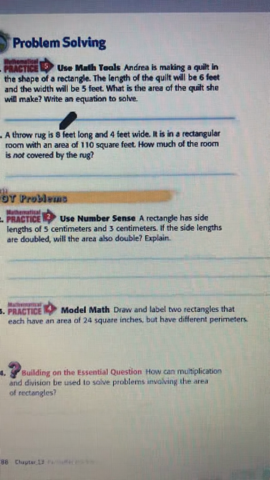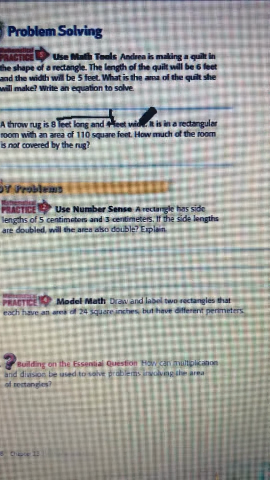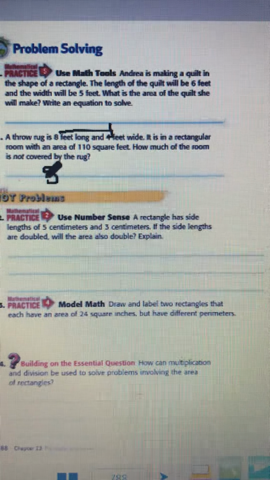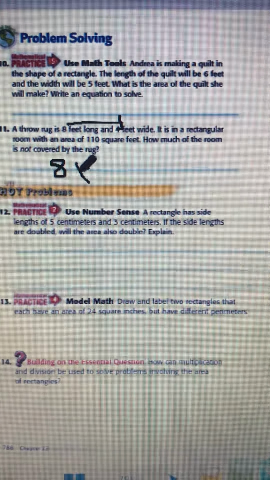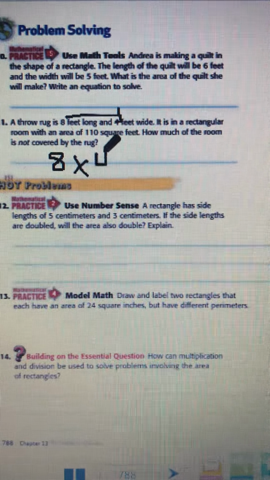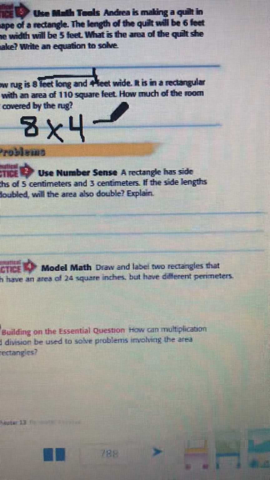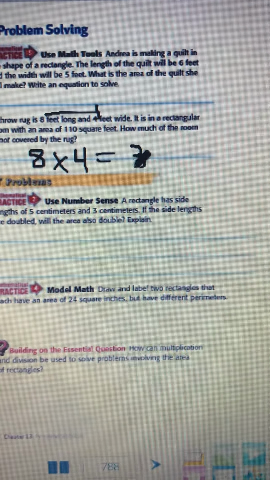So the first thing to do is to multiply first, or get the area. So we'll use 8 and 4. We'll multiply first length and width, which is 8 times 4. After that, what is 8 times 4? We got 32.